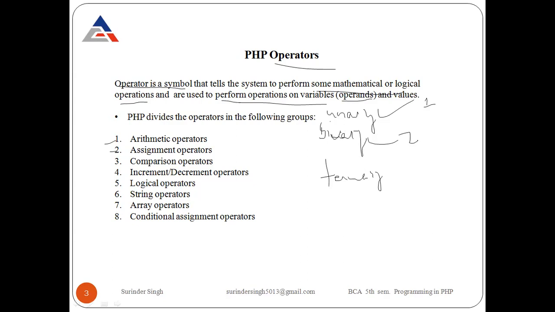It needs one operand to perform. And last is ternary operator. Ternary operators require at least 3 operands to perform. These are not the types of operators. Actually, these are the categories. Clear?